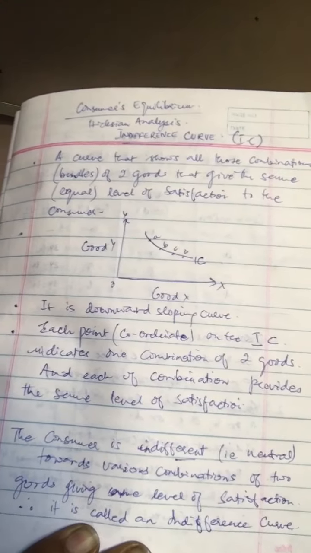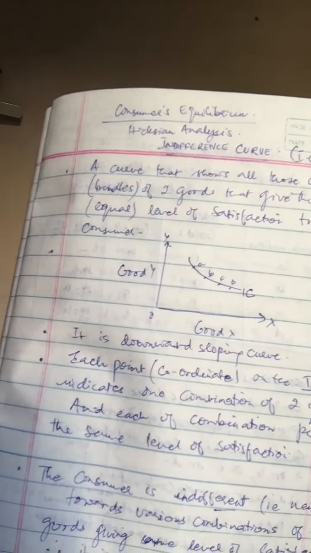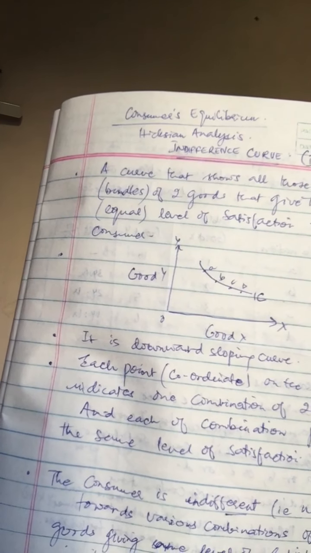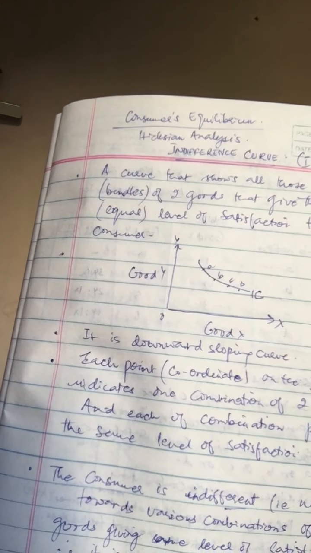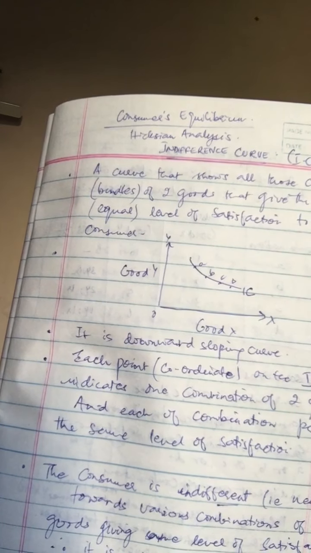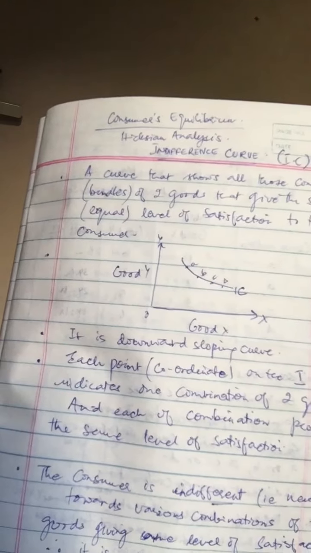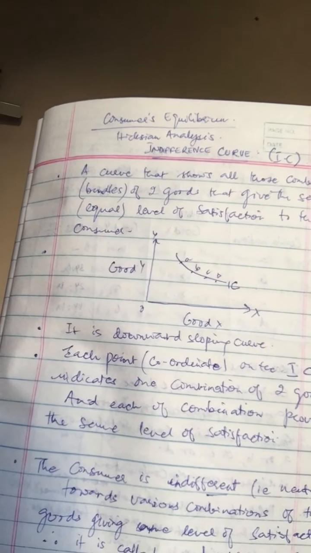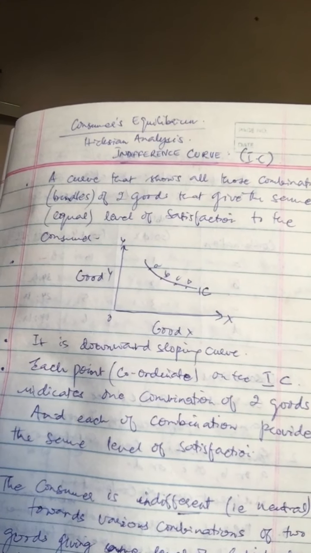So this is what the indifference curve is all about: a curve which shows all those combinations or bundles of two goods that give an equal level of satisfaction to the consumer. Each point that you see, A, B, C, D, indicates a combination of two goods, and each combination provides the same level of satisfaction.